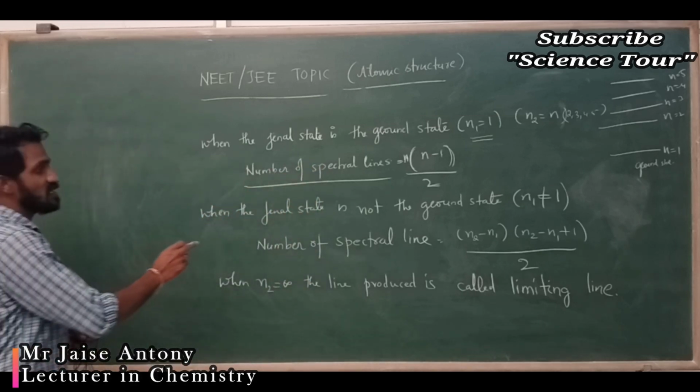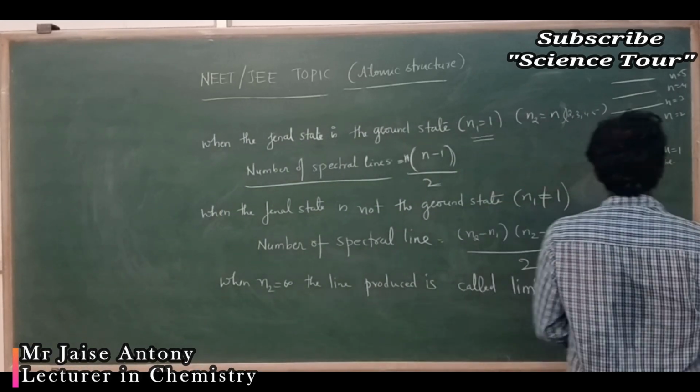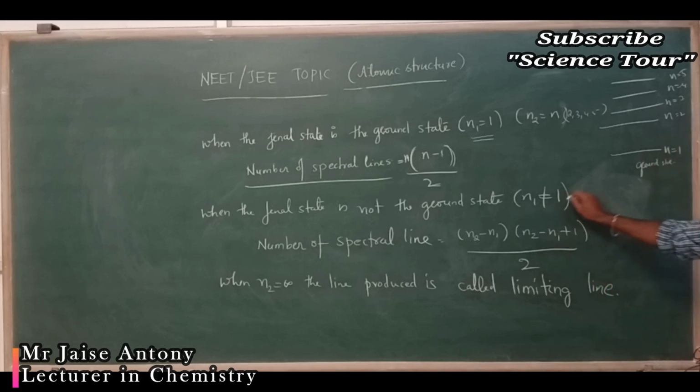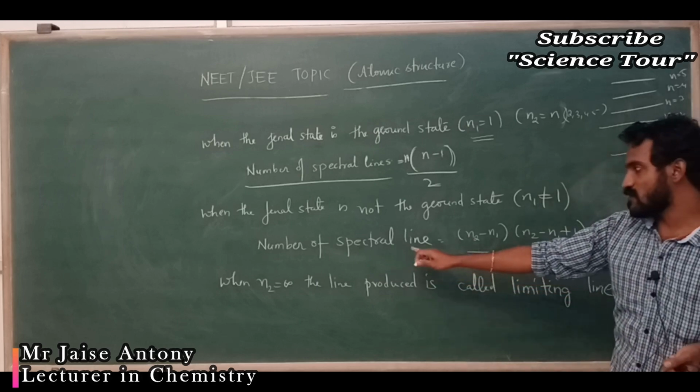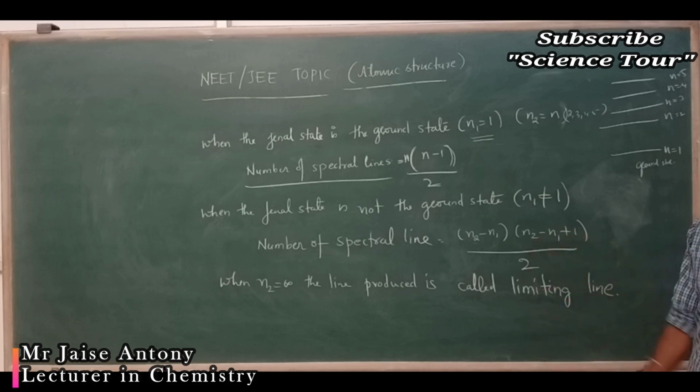And when the final state is not the ground state, that means n1 is not equal to 1, some other state, maybe 2 or 3 or some other state, then how to find the number of spectral lines? (n2 minus n1)(n2 minus n1 plus 1) divided by 2.